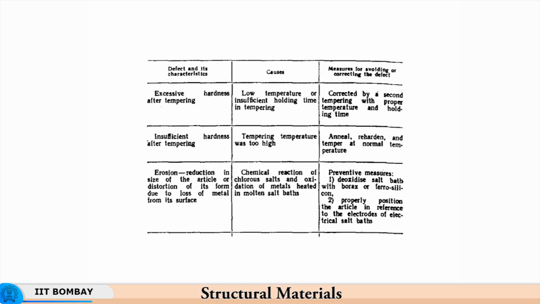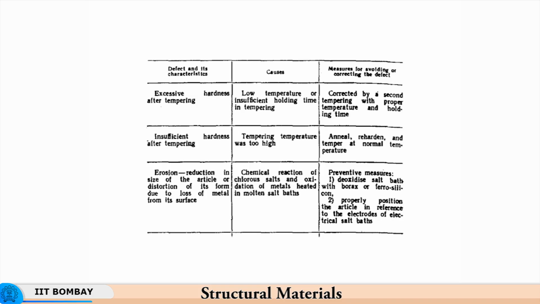So, we need to therefore deoxidize the salt bath with borax, so this borax will form boron oxide, and then ferrosilicon will also remove the oxygen. So, ferrosilicon, because silicon is the one that will react and then remove oxygen, so the salt bath will get deoxidized.